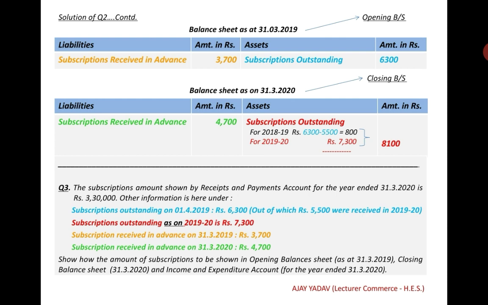Question 3 is the same as before. Just in question 3, only subscription outstanding as on 2019-20 is given, rupees 7,300. This is the only difference between the discussed question number 2 and question number 3.